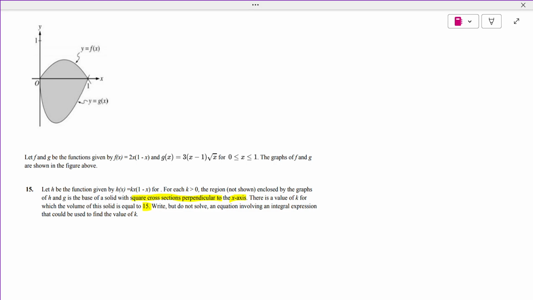So we know that the volume runs from 0 to 1 of h of x, which is kx times bracket 1 minus x, minus 3 bracket x minus 1 root of x.